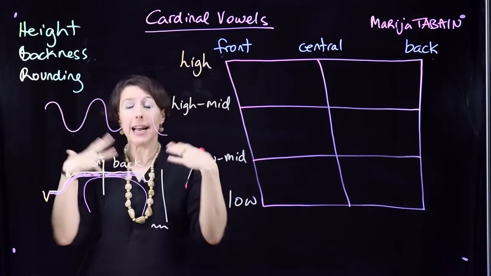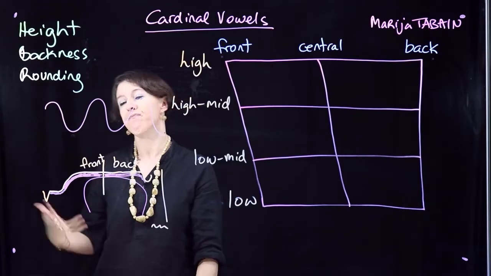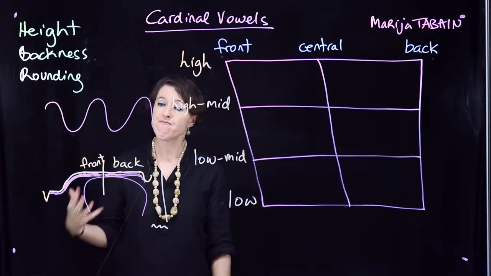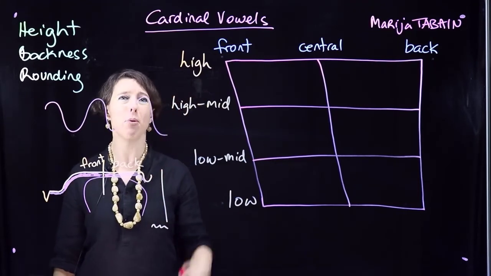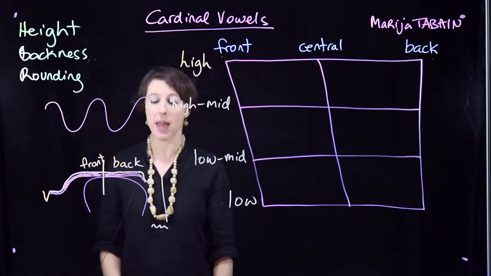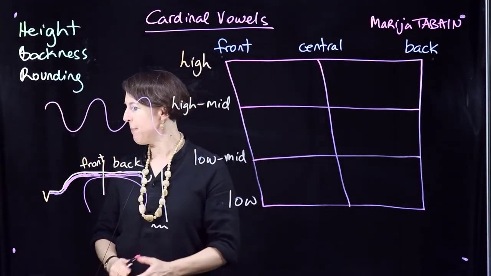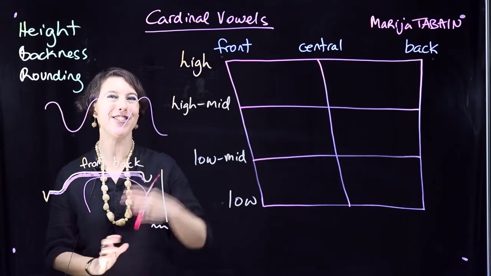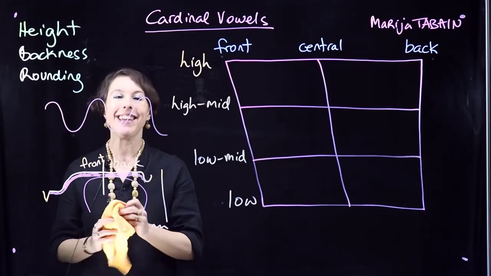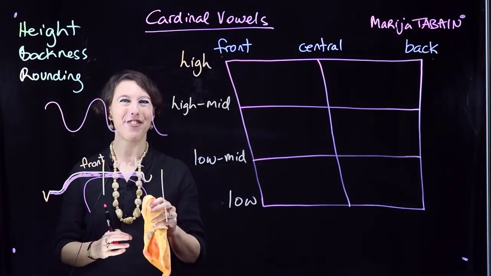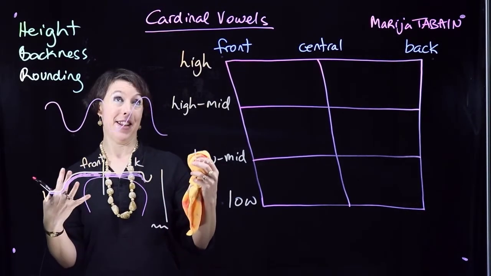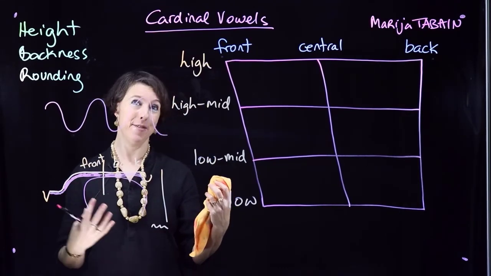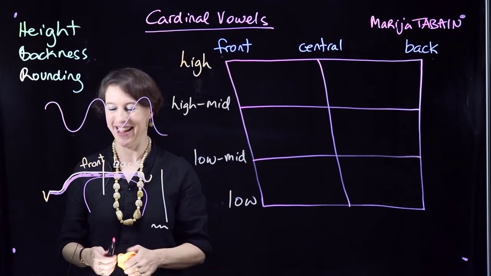The airflow is unconstricted, and I think that's just a really important thing to remember about vowels, and they are very important. Okay, I think I should probably leave it there, and then we can launch into trying to understand the different primary vowels and secondary vowels of the cardinal vowels. Okay then, thank you.